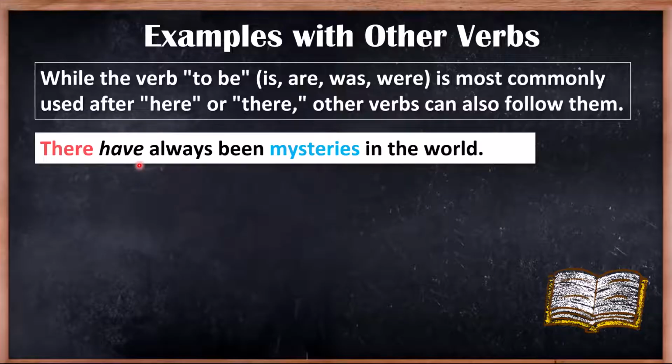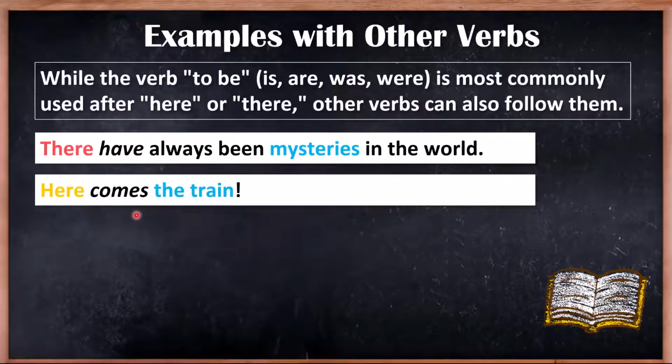So here we're using the present perfect tense, and we're not saying there has always been. We say there have always been mysteries in the world because mysteries is the subject and mysteries is plural. So we need a plural verb, have, not has.